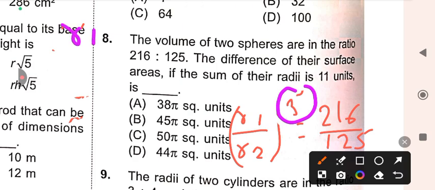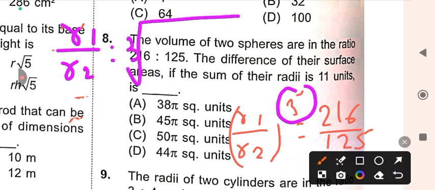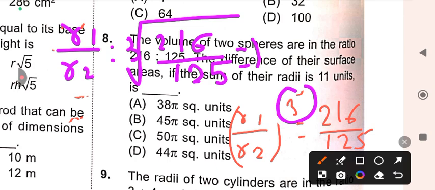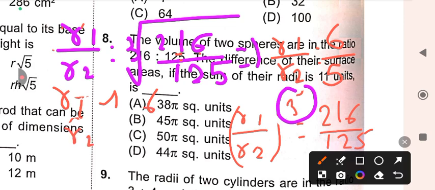So r1 upon r2 is equal to cube root of 216/125. As we know that it is a perfect cube, r1 upon r2 is equal to 6/5. Now from here we get that r1 is equal to 6 and r2 is equal to 5. The question has not ended here.